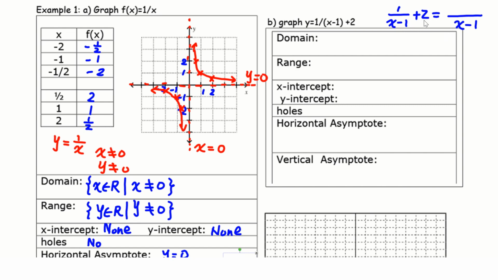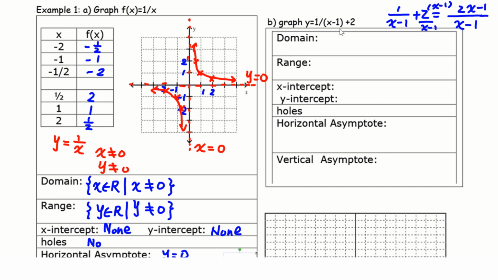We change this to the same denominator x minus 1, multiplying x minus 1 to both numerator and denominator. Collect the like terms, we are going to have 2x minus 2 plus 1, which is 2x minus 1.